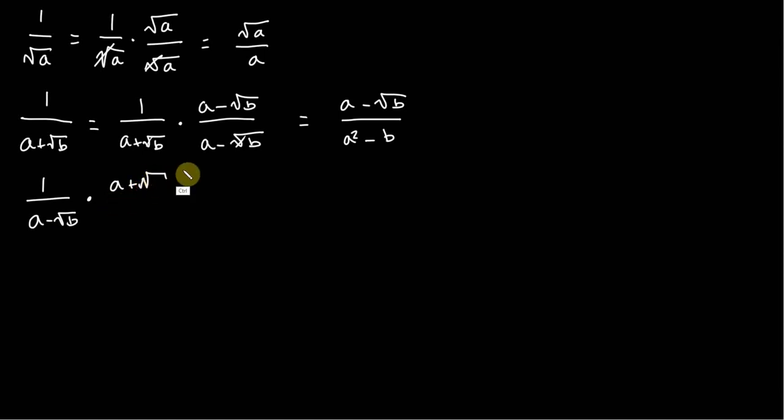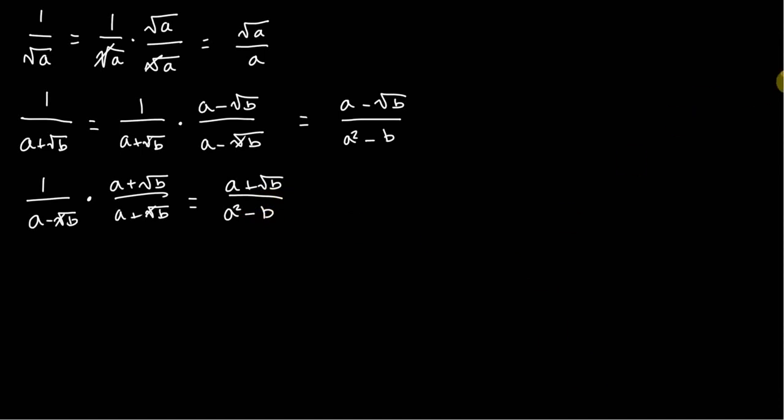That's all that you really need to know and memorize when you're rationalizing. So this would just simplify to a plus root b at the top, and it would cancel out of course, and then that's a negative, so it would be a squared minus b, okay.